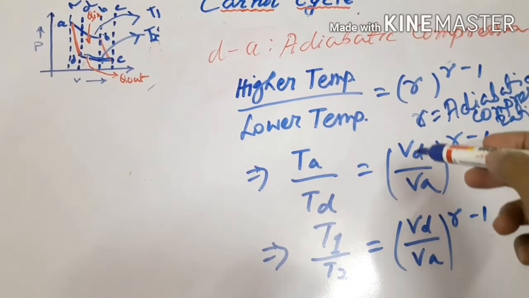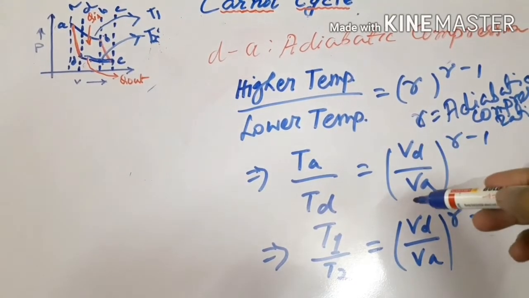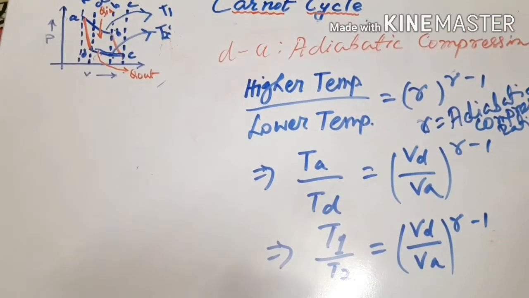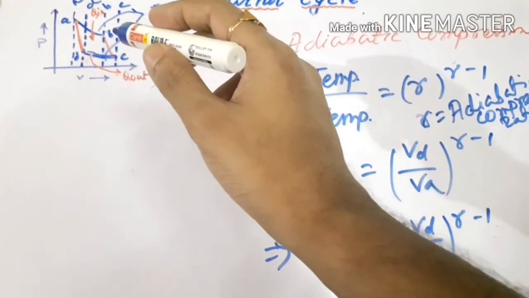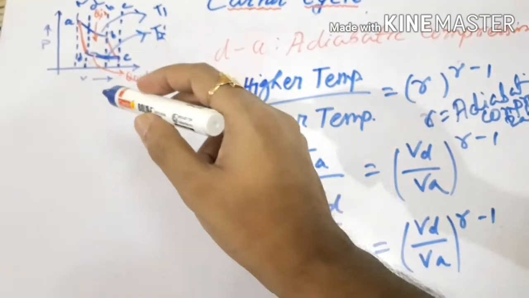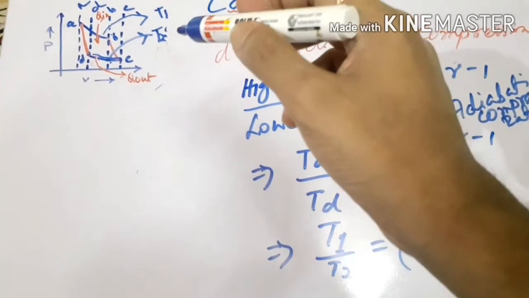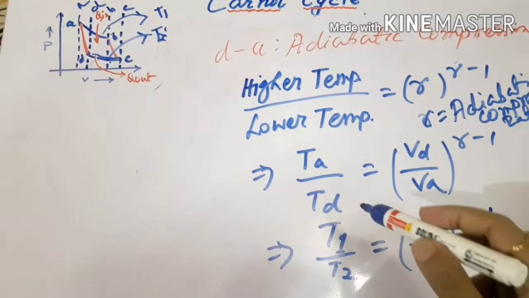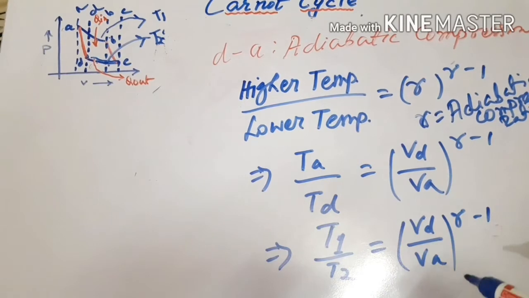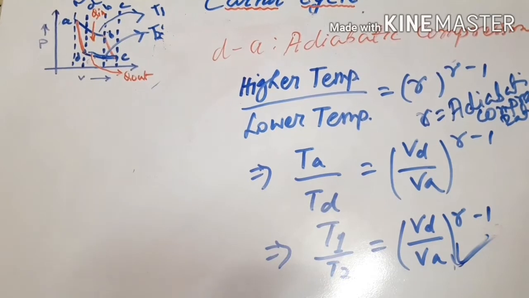That is why Vd is the larger volume than Va. So Vd by Va to the power gamma minus 1. Now as we know, TA is equal to TB is equal to T1, as it is an isothermal process, and TD is equal to TC is equal to T2, that is also an isothermal process, and T1 is the higher temperature and T2 is the lower temperature. So we can replace TA by T1 and TD by T2, so T1 by T2 is equal to Vd by Va to the power gamma minus 1. So this we will be using in our efficiency formula.